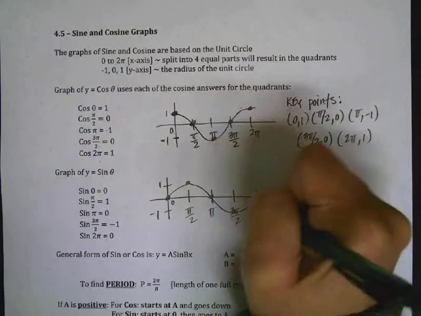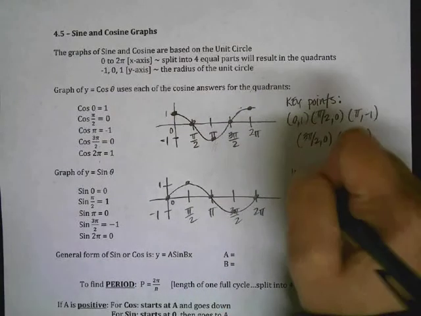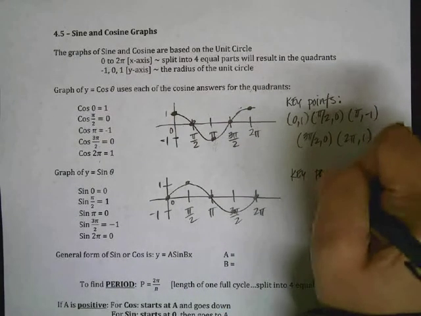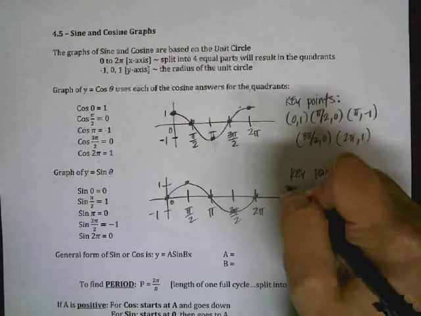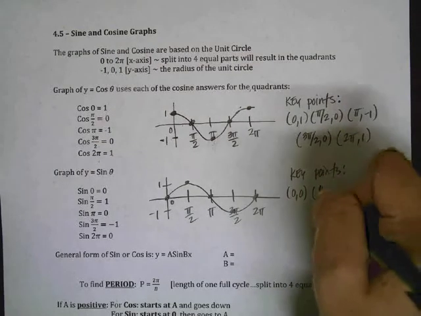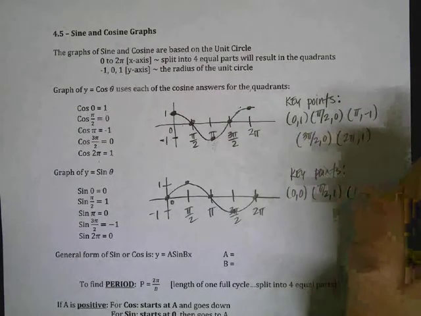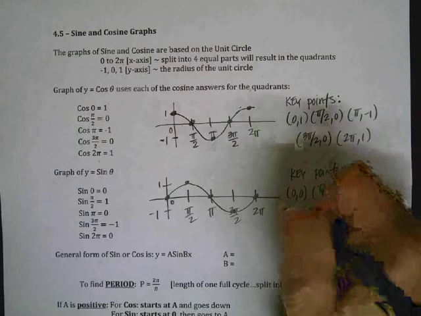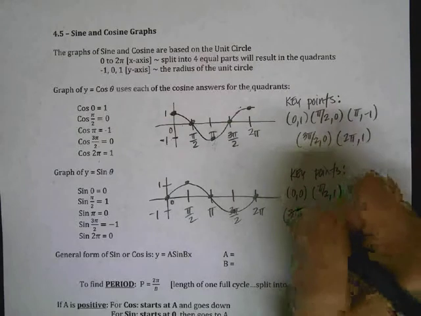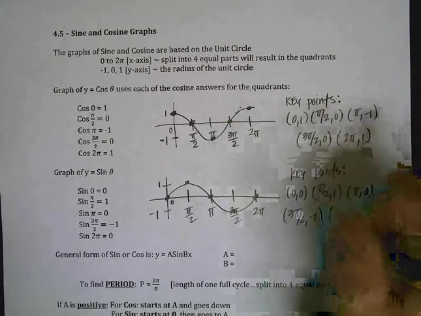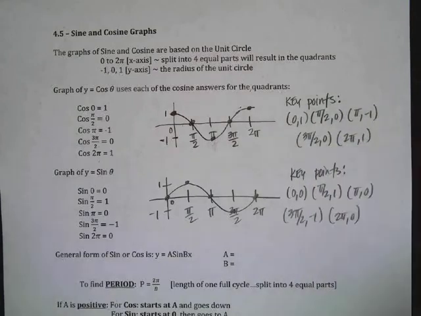So this is your sine wave. So the key points for a sine wave would be 0, 0, pi over 2, 1, pi, 0, 3 pi over 2, -1, and 2 pi, 0.